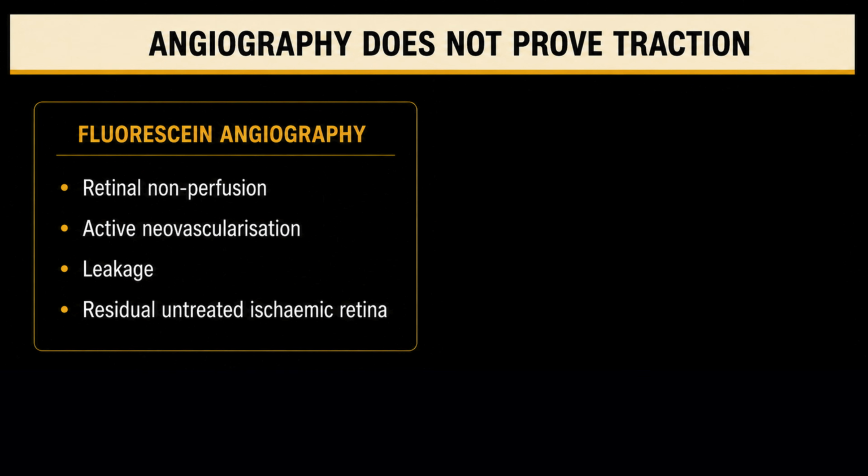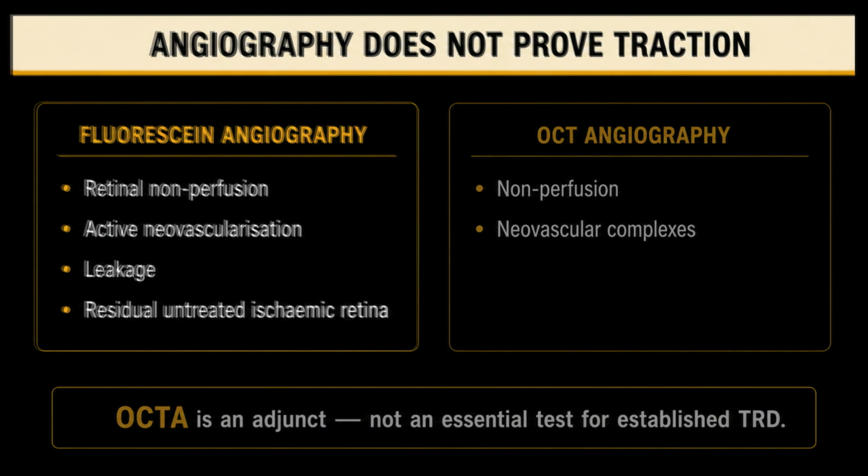Next is fluorescein angiography, including ultra wide field imaging when available. It is not really required simply to prove that traction exists. Its main role, however, is to assess the underlying proliferative disease, including retinal non-perfusion, active neovascularization, any leakage, and residual untreated ischemic retina.